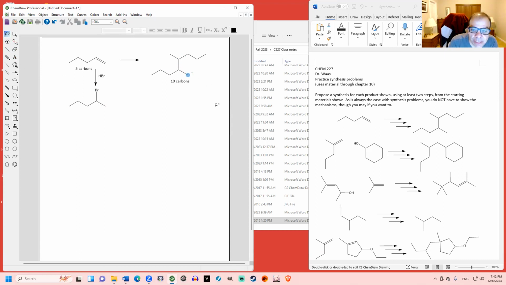Now, in chapter 10, we said that one of the best reactions for forming new carbon-carbon single bonds like this is the Gilman reagent, or the cuprate. So remember, you can work both forwards and backwards in synthesis problems.